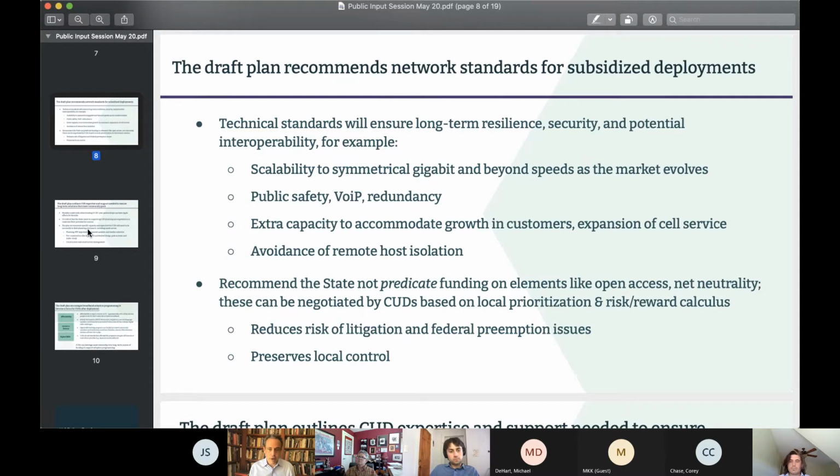It is probably not a good idea to predicate funding on open access or net neutrality. Again, CUDs can negotiate these with providers as long as they're looking carefully at the risk-reward calculus, whether it's on the basis of potential litigation, as well as making sure that there is preserving local control.